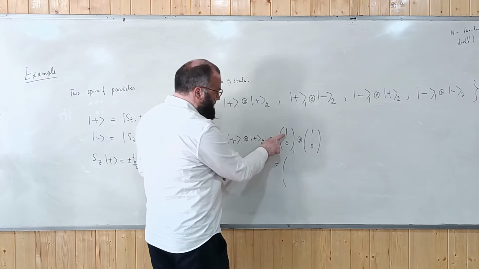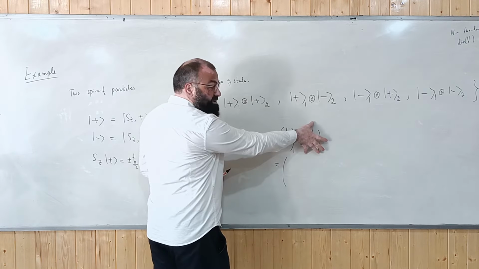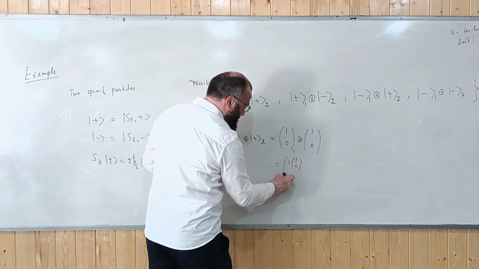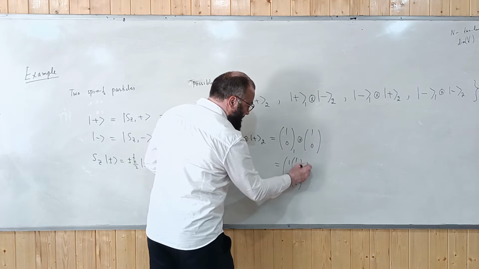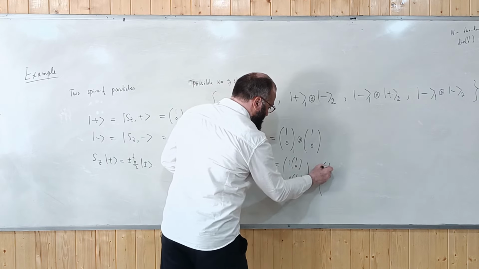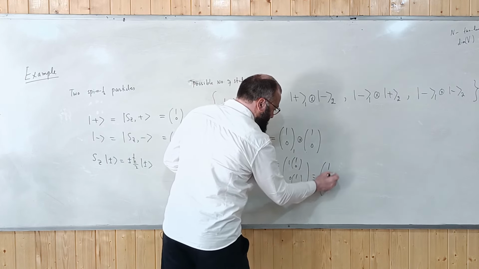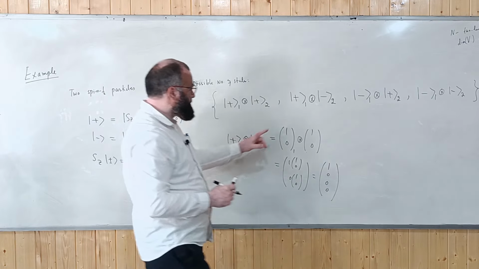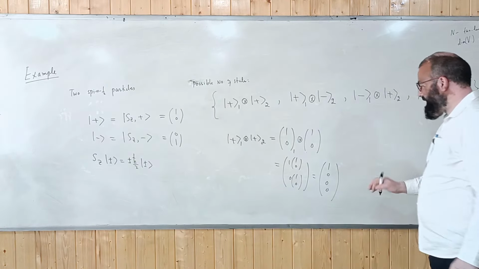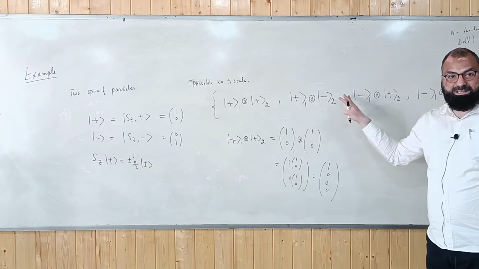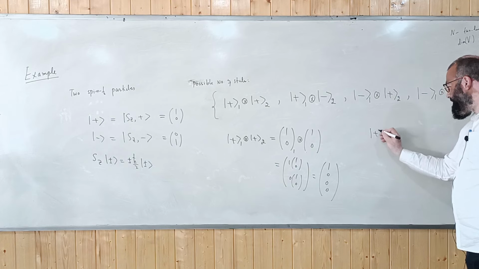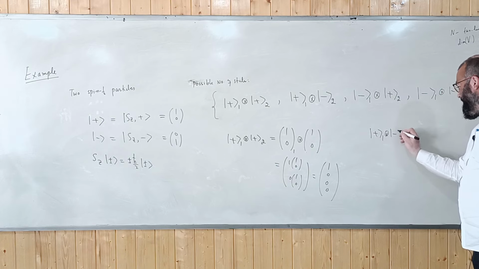Yesterday I told you, take the first element and multiply the entire matrix. So that means 1 times (1 0) and 0 times (1 0). How much is that? (1 0 0 0). So this is your one vector. Similarly you can write the others. This is now a vector in this very space. Now you have plus 1 tensor minus 2.